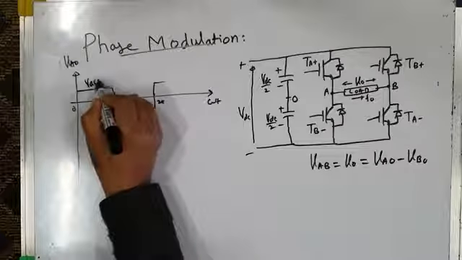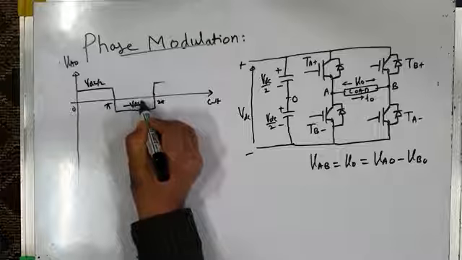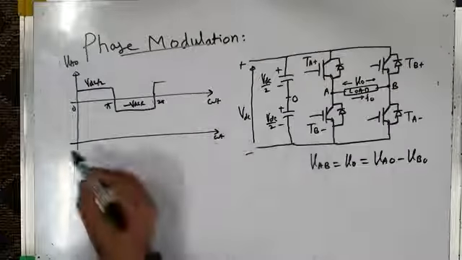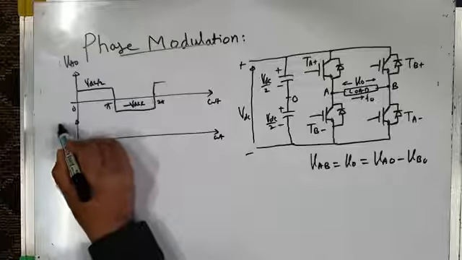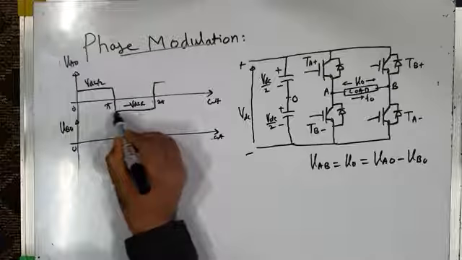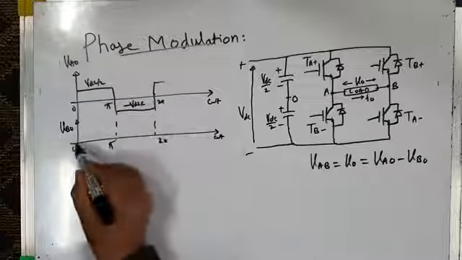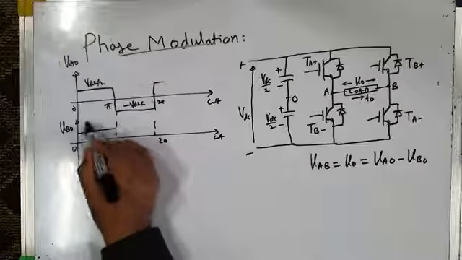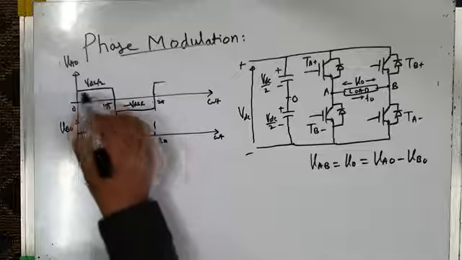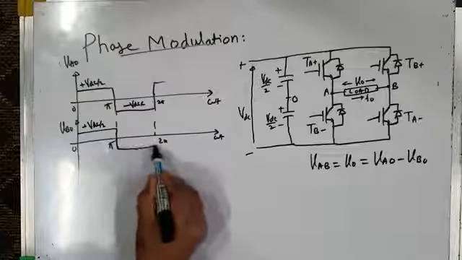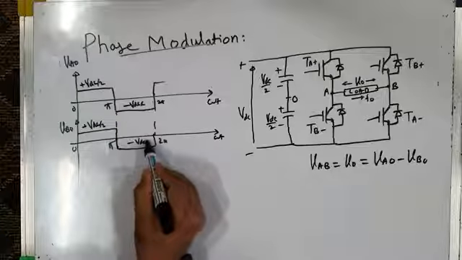If I make the second pole voltage VBO in phase with VAO, it is also plus VDC by 2 from 0 to pi, and minus VDC by 2 from pi to 2 pi.